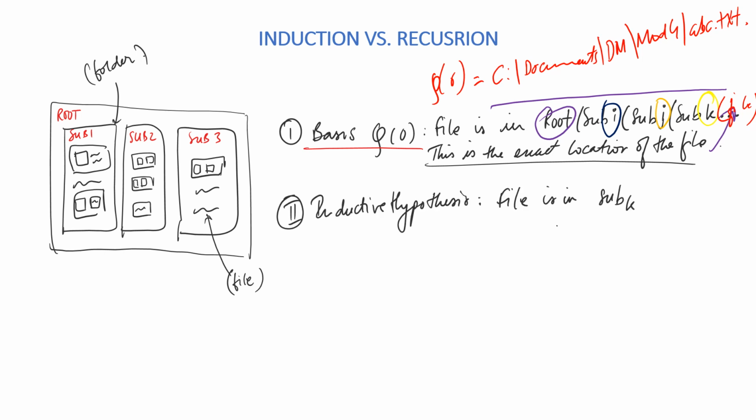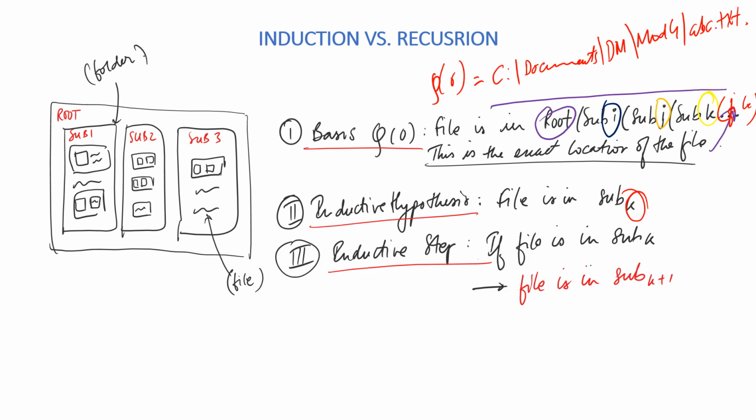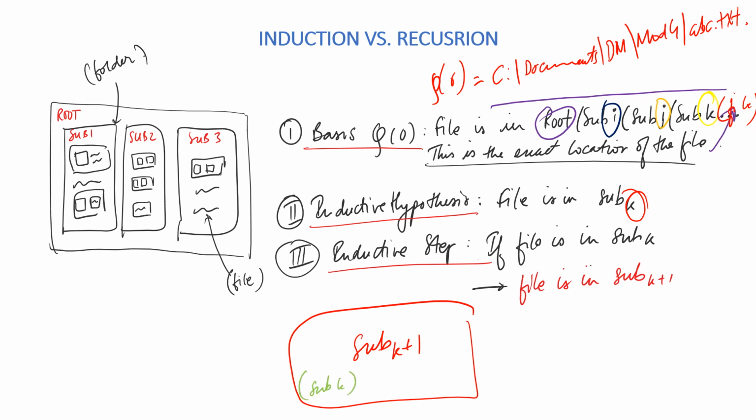The inductive hypothesis is that for any arbitrary k, the file is in subfolder k. If the file is in subfolder k, and that's our inductive step, it must be in subfolder k plus 1. Sub k plus 1 is basically a folder, or you can call it a superset, which is a folder that consists of sub k and a bunch of other folders.